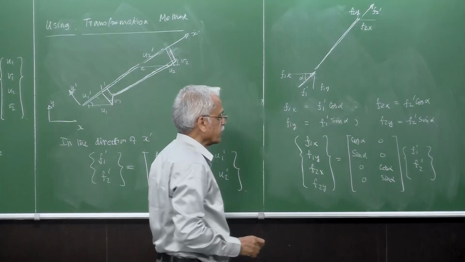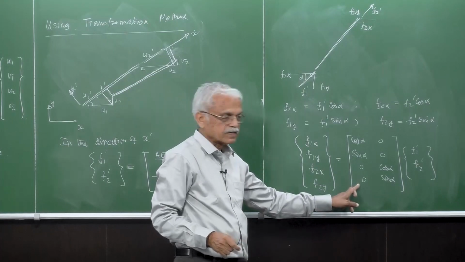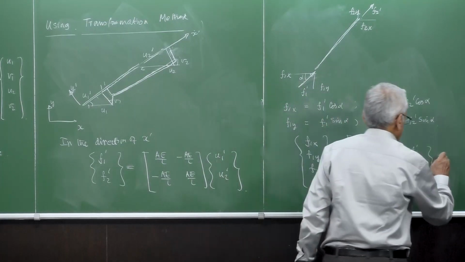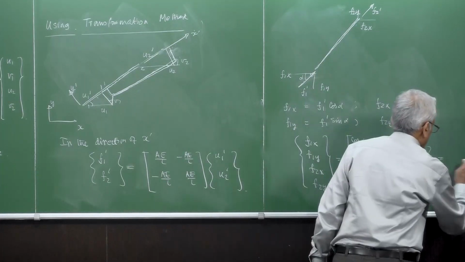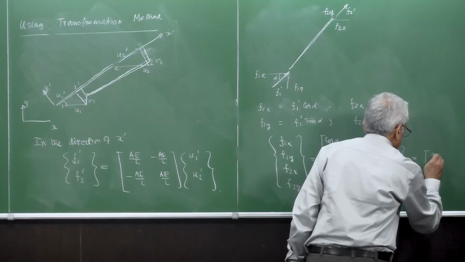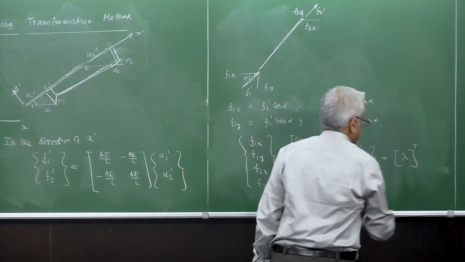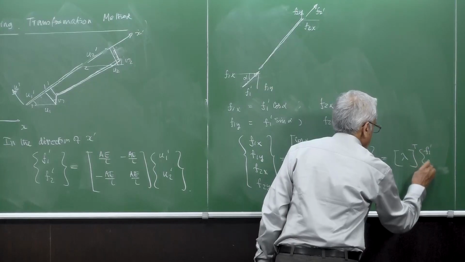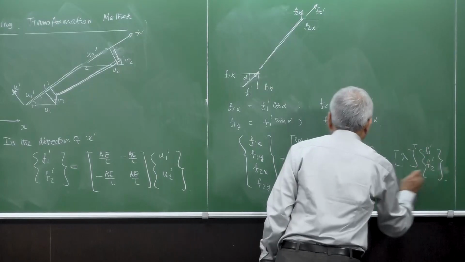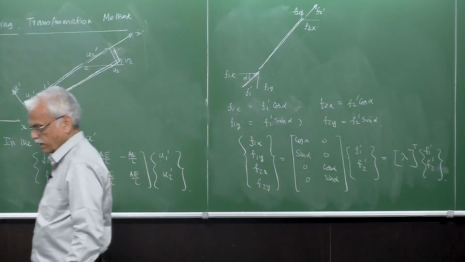If you observe carefully, this matrix is in relationship with your earlier transformation matrix, which we call lambda, but this is in the transpose form. Right? So this is what we have written.